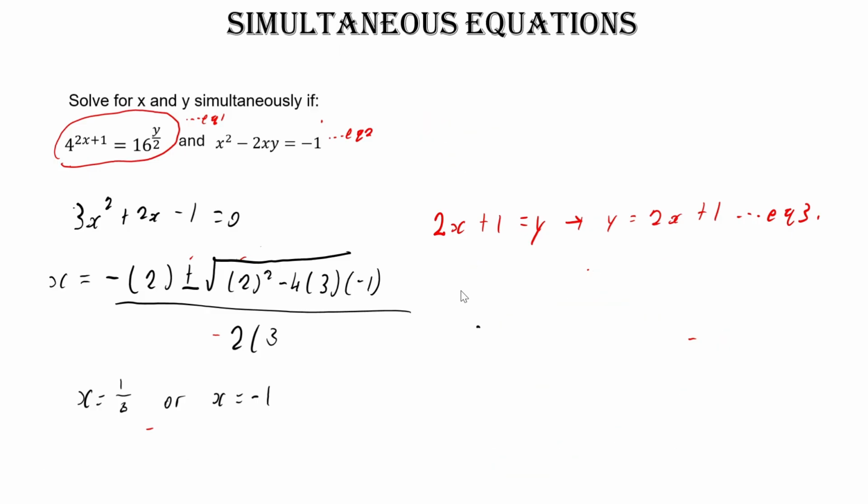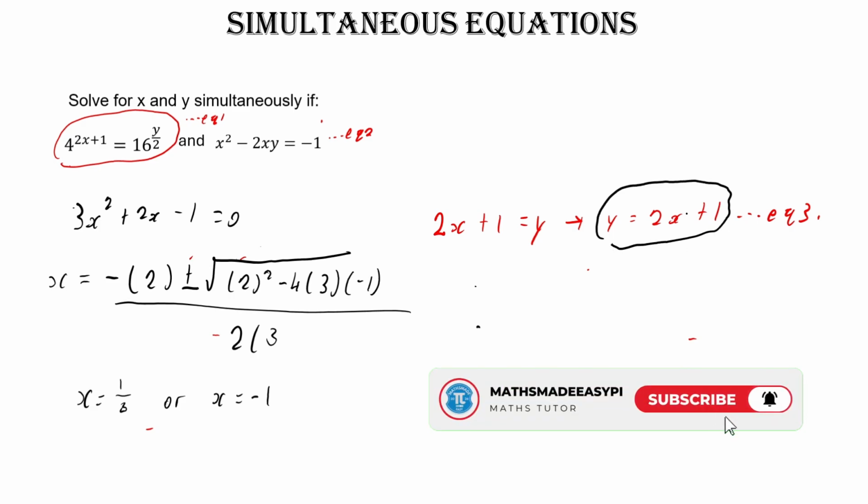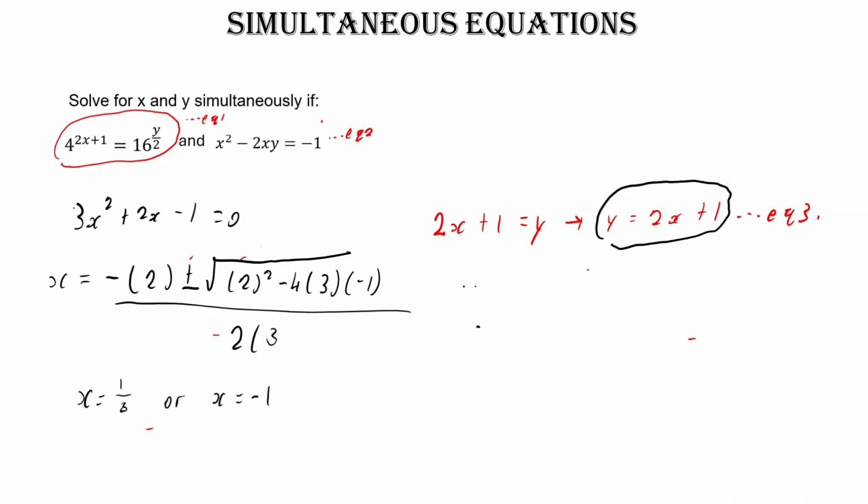But remember, we still need to find our y answers. So what did we make y as? We made y is equal to 2x plus 1. So wherever we see x, we can substitute 1 over 3 and negative 1 separately. That's going to be y is equal to 2 into 1 over 3 plus 1, or y is equal to 2 into negative 1 plus 1.